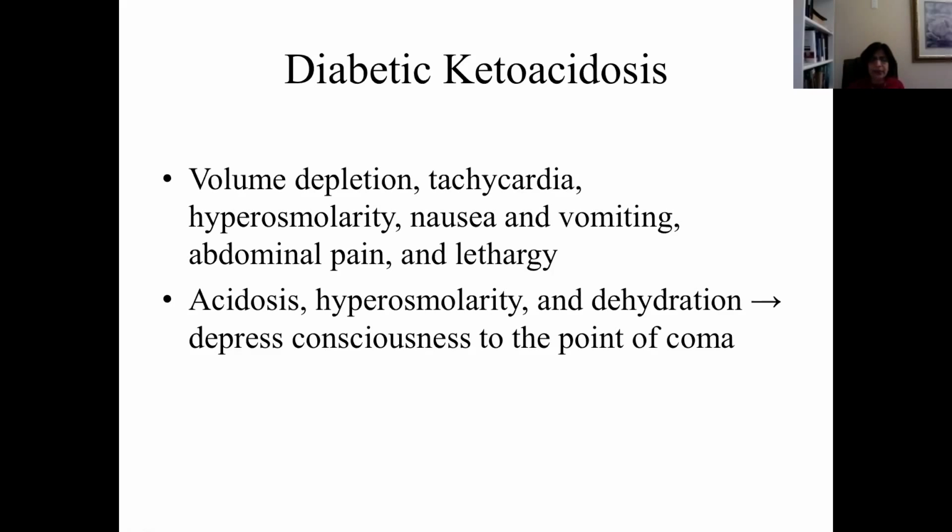Not into the cells, I mean. All right, so nausea, vomiting, hyperosmolarity, volume depletion, tachycardia, abdominal pain. Abdominal pain is basically because of all of these events. And what's happening is acidic environment, irritation in the GI wall. That's how there is abdominal pain.